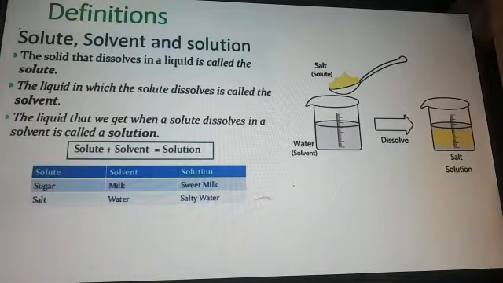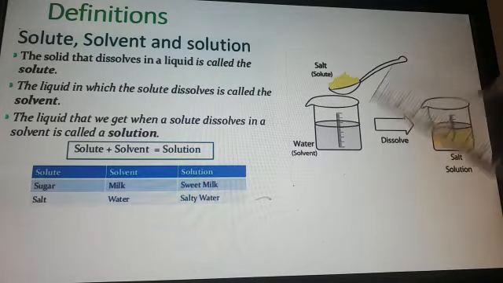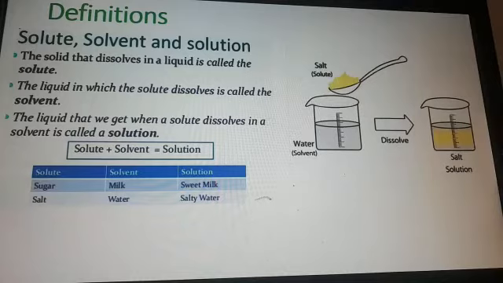Now, after this we want to study some methods of purification. Before studying that, you should remember the definitions of solute, solvent and solution. The solid that dissolves in a liquid is called the solute. The liquid in which the solute dissolves is called the solvent. And the liquid that we get when a solute dissolves in a solvent is called a solution.